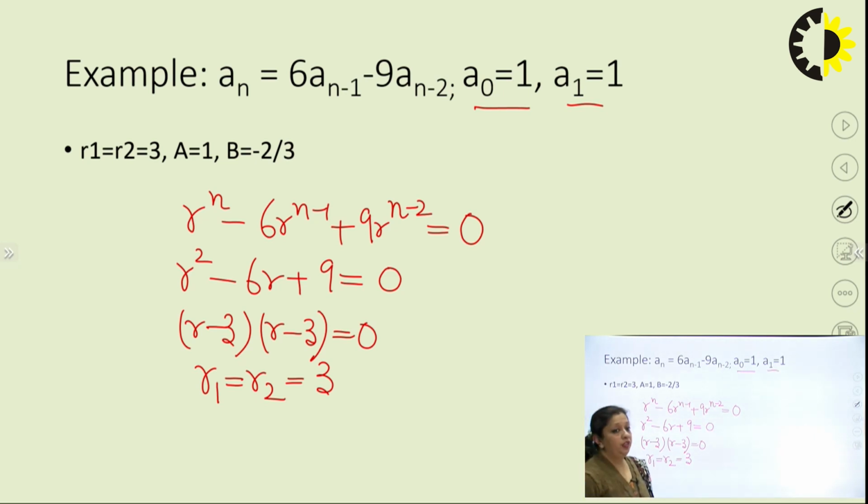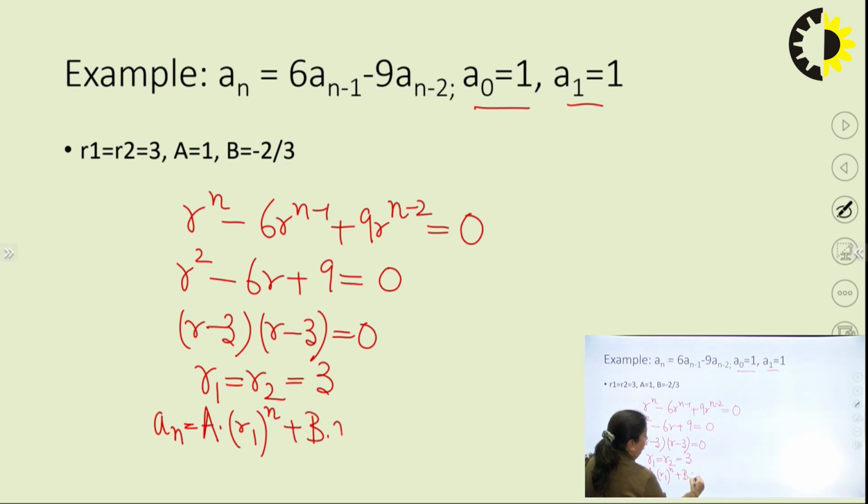Looking at the value of these roots, I decide that the solution to this question will be of the standard form a_n equal to A·r1^n plus B·n·r1^n. Now I can substitute the value of n as 0.